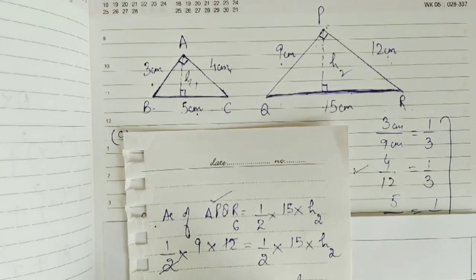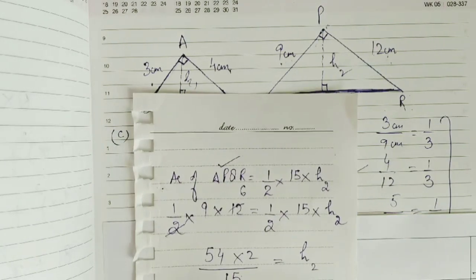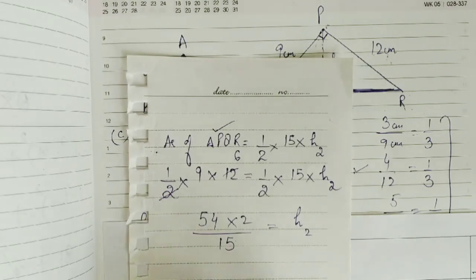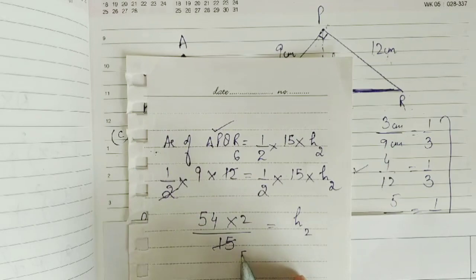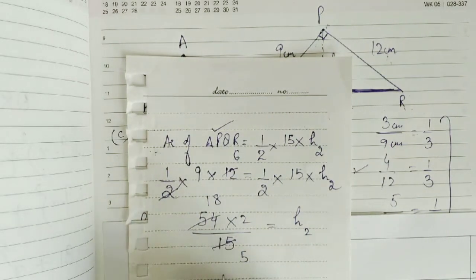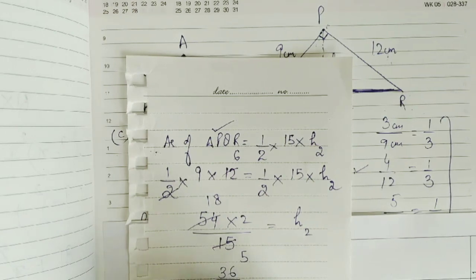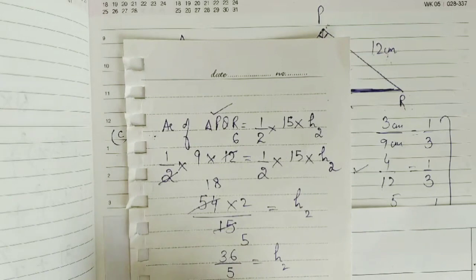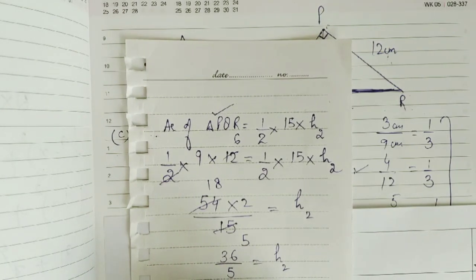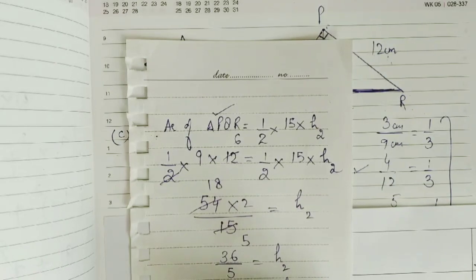I guess you can divide both by 3, which would make it 5. This is 18. So 36 upon 5 is h2, and 36 by 5 is actually 7.2 centimeters. This is h2.